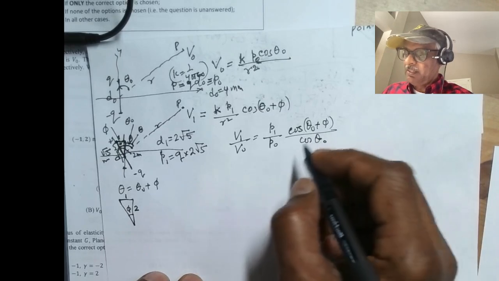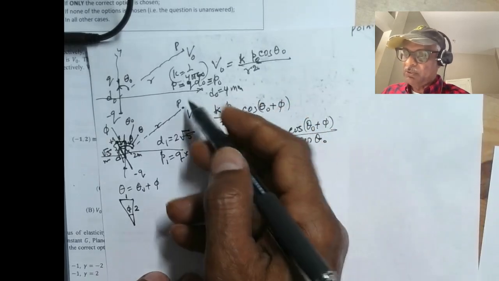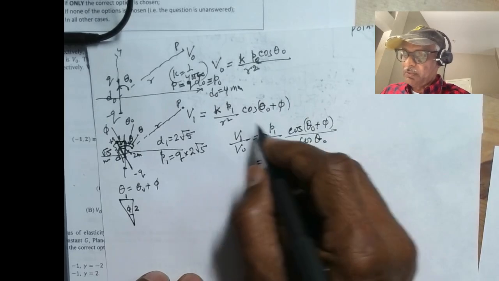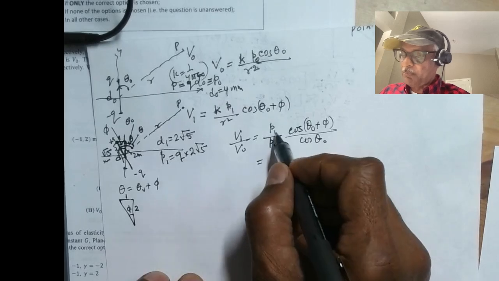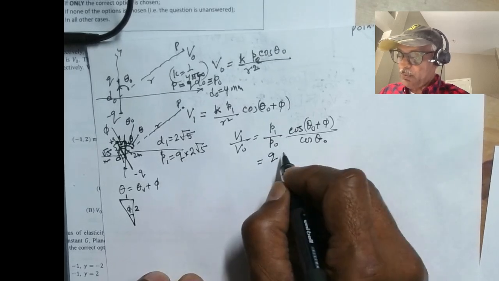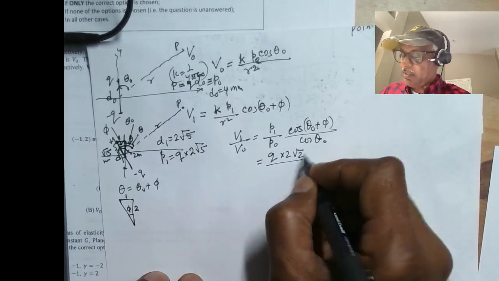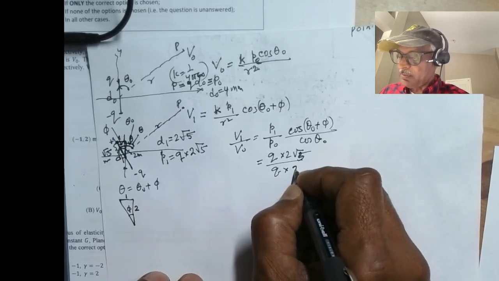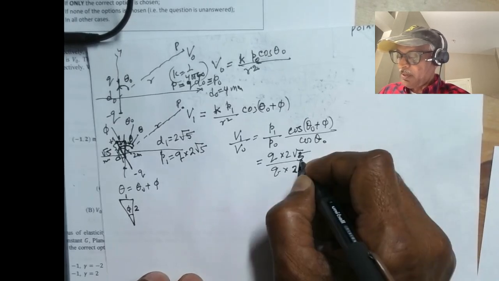So for P1, I don't even need to note Q, but Q is the same and cancels out. P1 is Q times 2 square root of 5, and P0 is Q times 2 times 2.